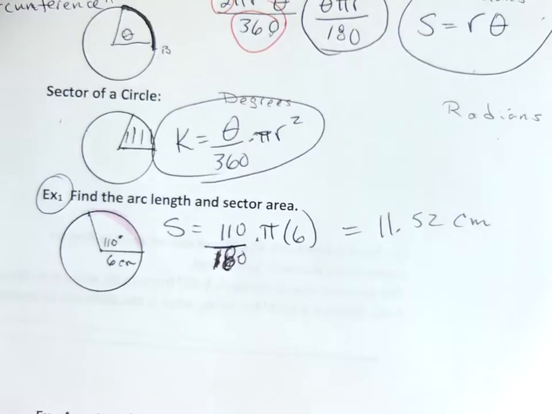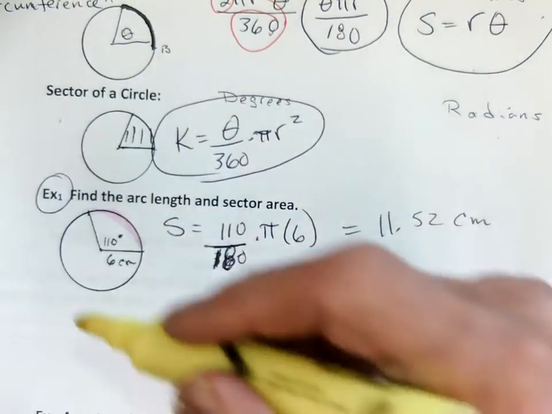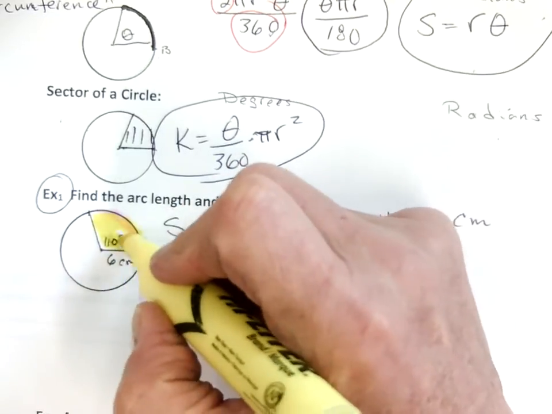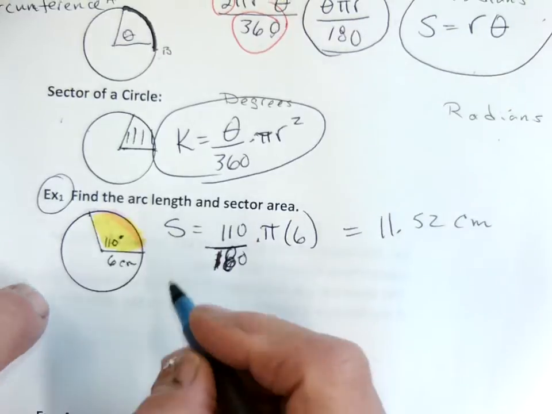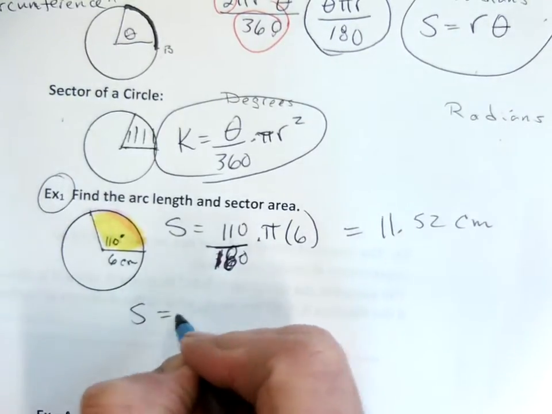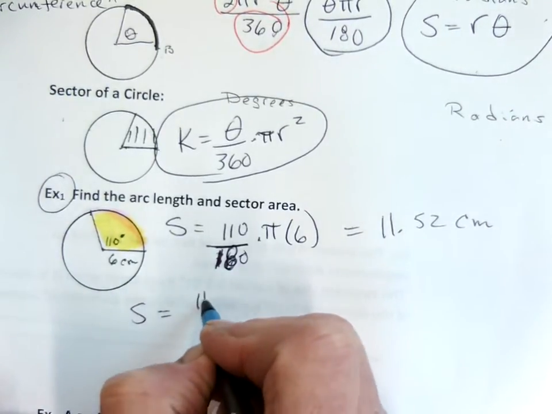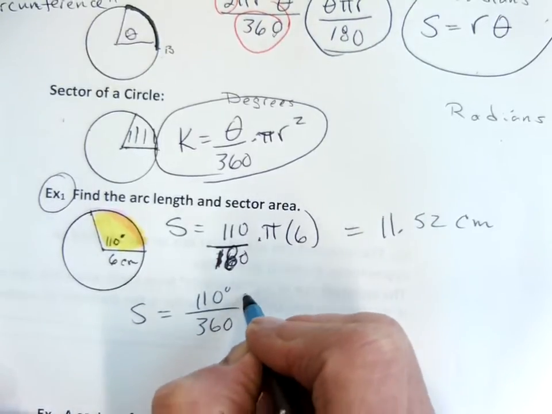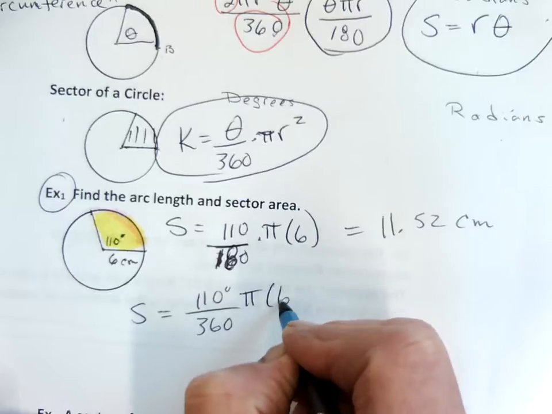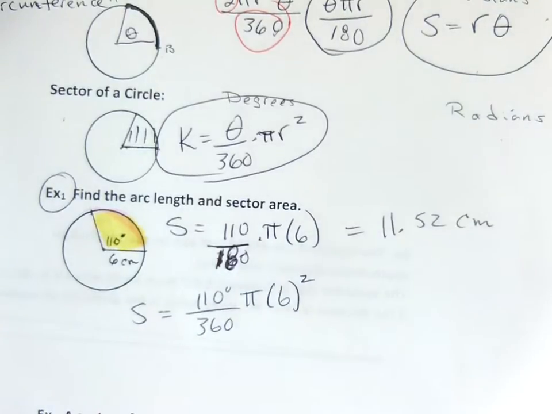So in example 1, let's find the area of the sector. Now, of course, the area is how much is inside. It's not a length, it's an area, so we'll use this formula. We'll go K equals theta, which is 110 degrees, over 360 pi times the radius squared. Right? So I'm just plugging the numbers into the formula.